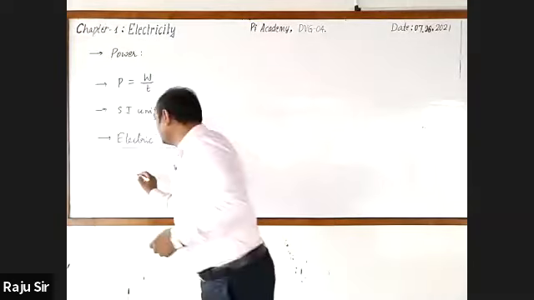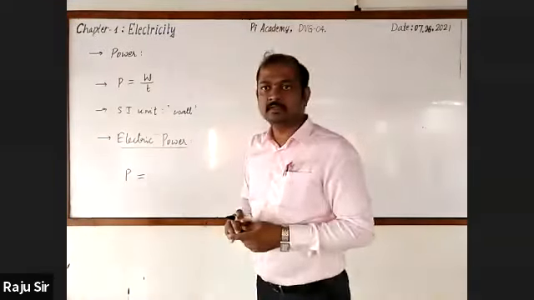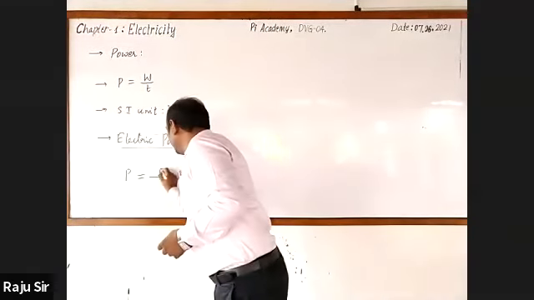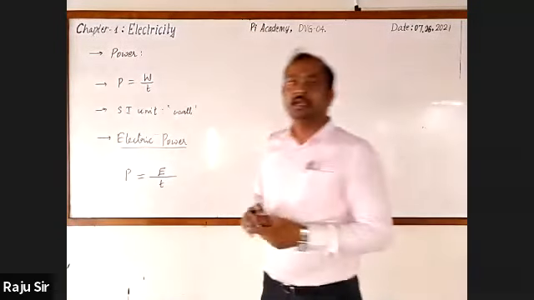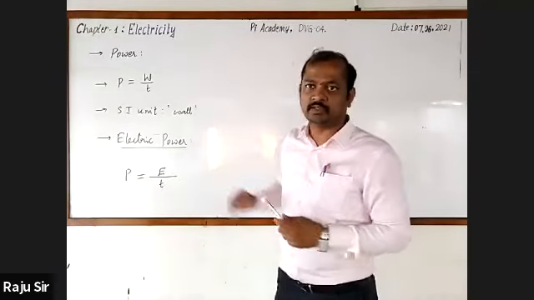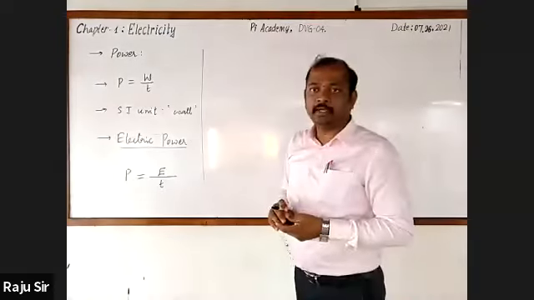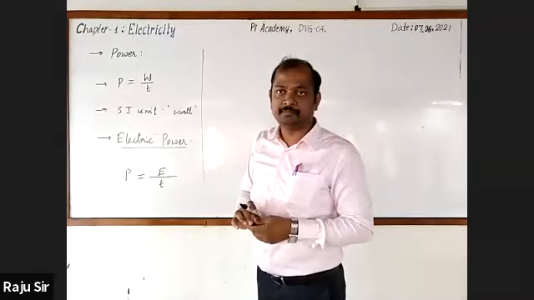Hence, we can write electric power as P is equal to electrical energy E divided by time taken t. Imad Khan, don't write, just observe the board. Afterwards, I'll make you write. P is equal to E by t. This is the formula used to find out electric power.